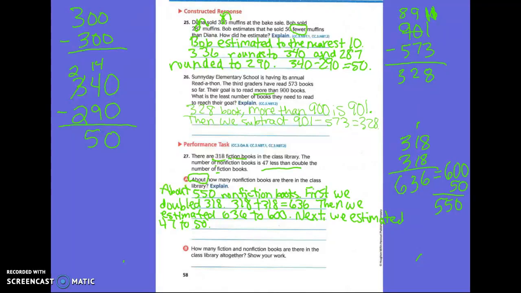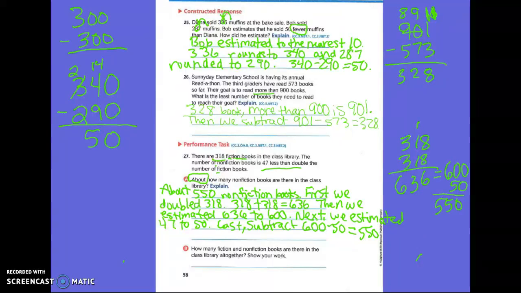We subtracted 50 from the 600. So, last. Okay, so we are writing last, subtract 600 minus 50 equals 550. So that would be 550 nonfiction books. That's the last answer.